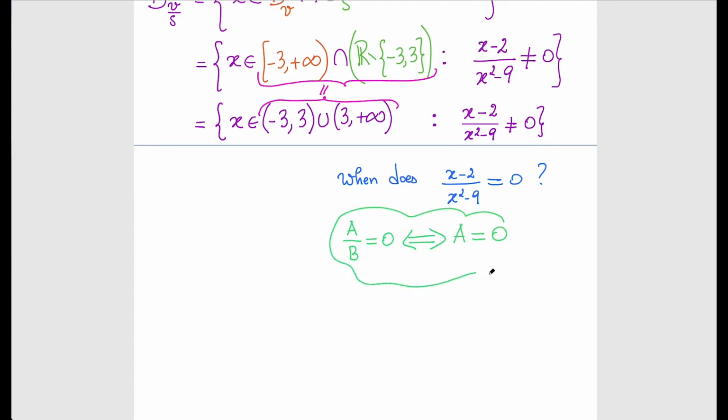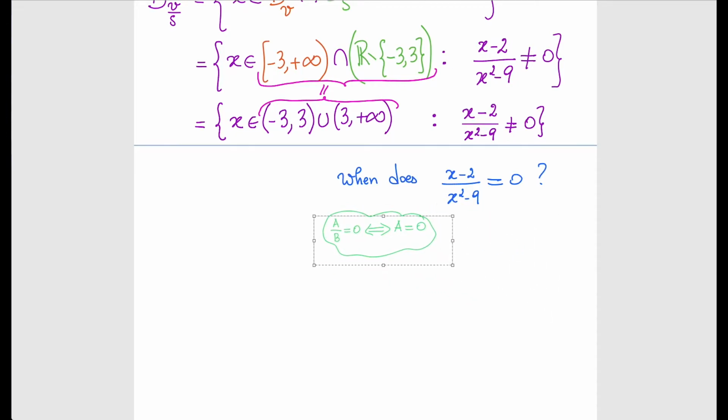Because of that, I can say this quotient is equal to 0. That's gonna play the role of my a, and that's gonna play the role of my b. The only time this quotient is 0 is when a is 0. That's what we discussed, and a is x minus 2, right? So that's equivalent to saying, when does x minus 2 equal 0? Correct?